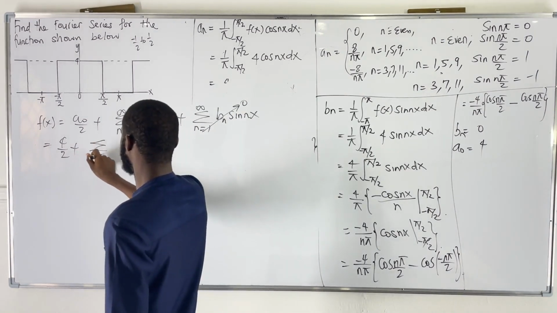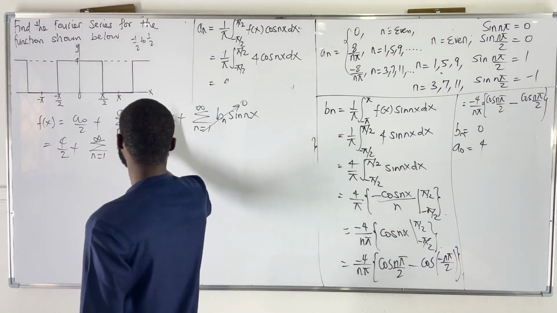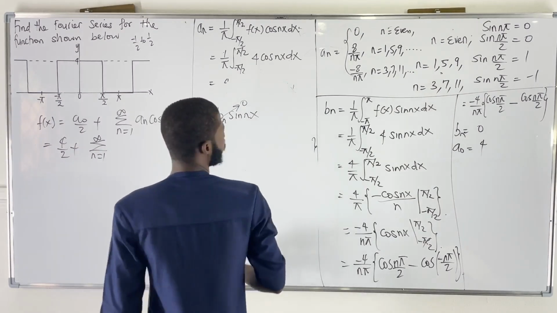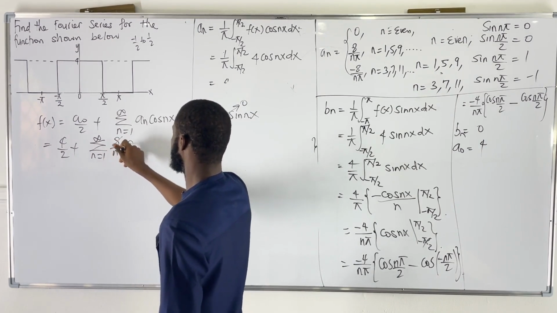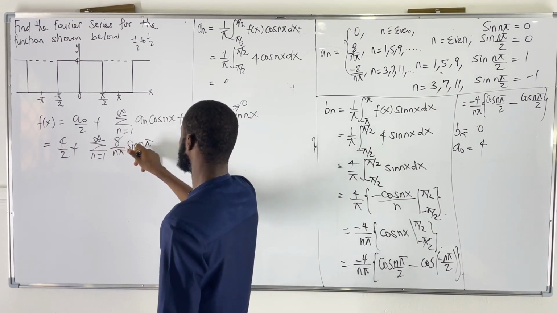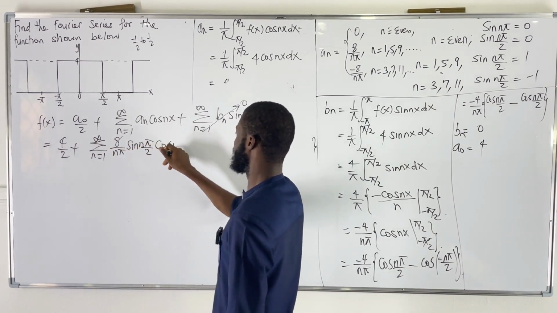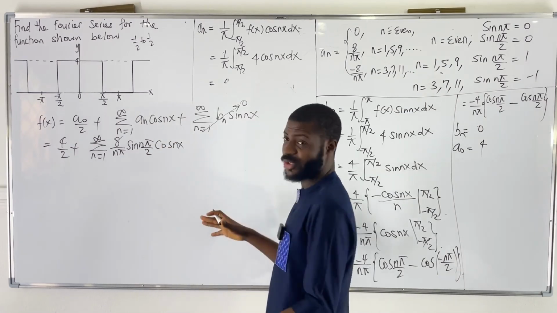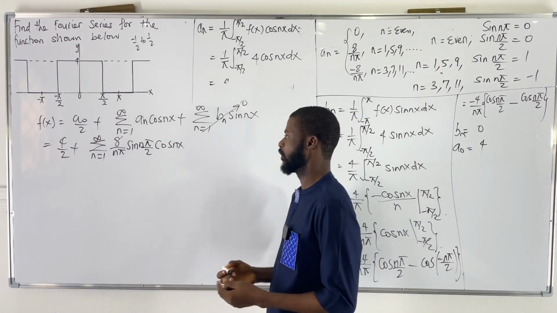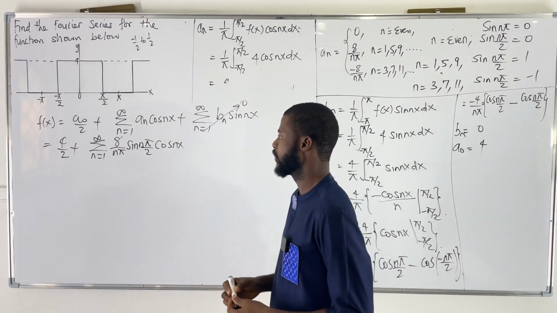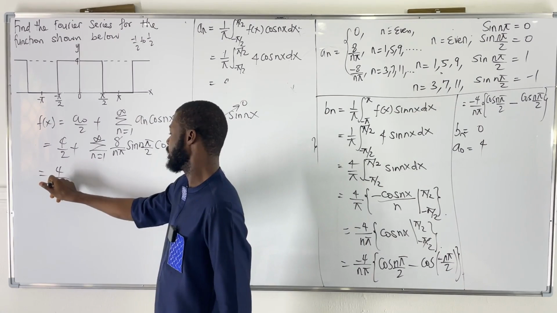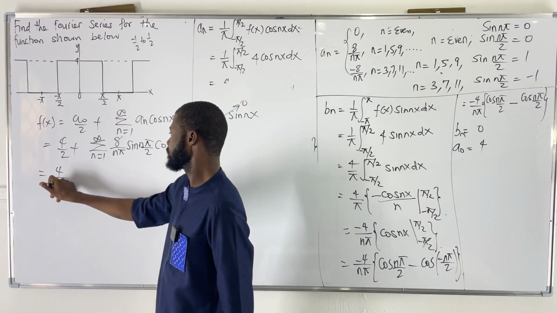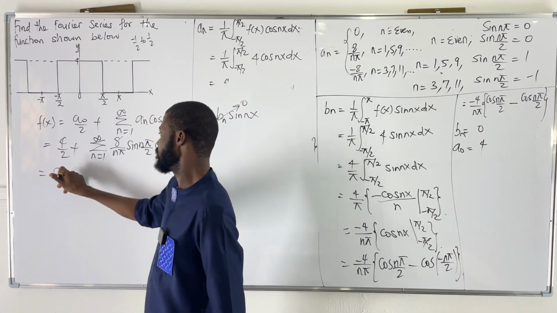The sum from n equal to 1 to infinity of a sub n, which is 8 over n pi sine n pi over 2 cosine of nx. It's looking bulky, but just hold on. Now this will be 4 over 2, which is just 2.